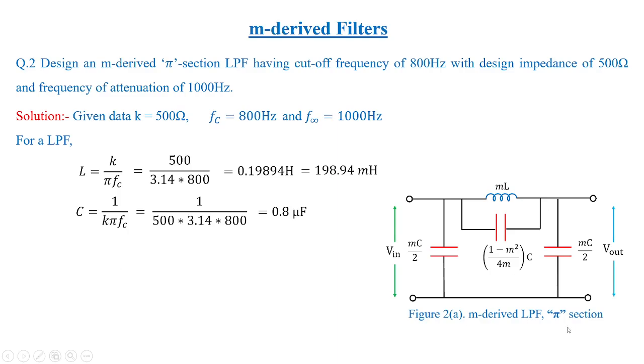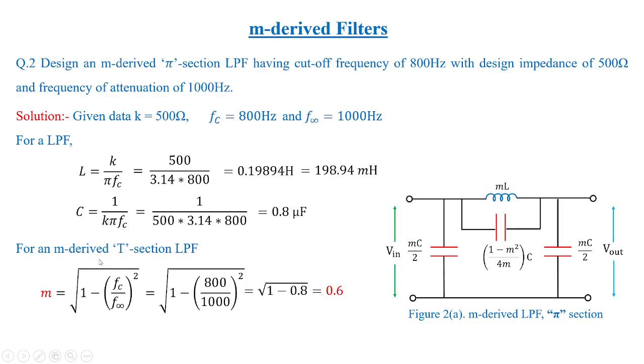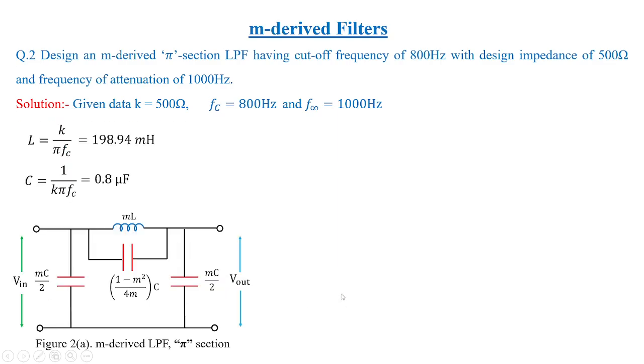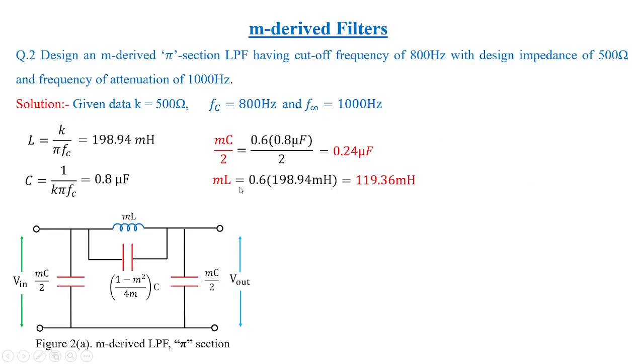And we know that the pi section m-derived filter looks like this. And for this, we can frame the formula for m, and it is obtained to be 0.6. Let us substitute these values for MC by 2 and ML, and then 1 minus m square by 4m multiplied with the C. We got this value as 0.213 microfarads.